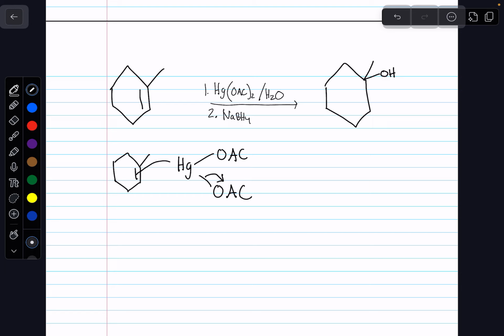So the double bond will attach to one of the Hg electrons, and one of those lone pairs will attach to that carbon, giving you something like the bromonium ion, looking like this. And remember, we still have that OAc. We only took one of the OAcs out, but we still have that other OAc attached to the Hg.